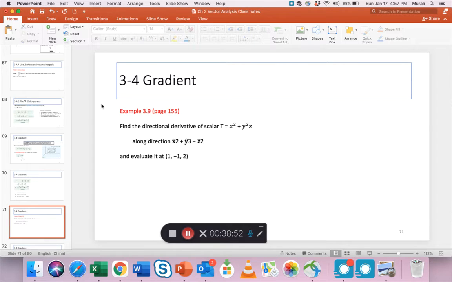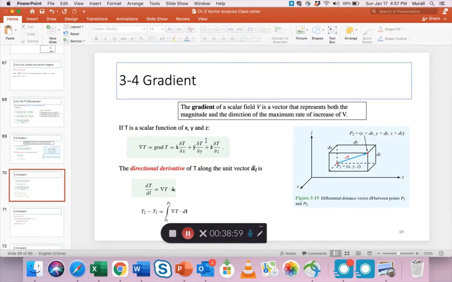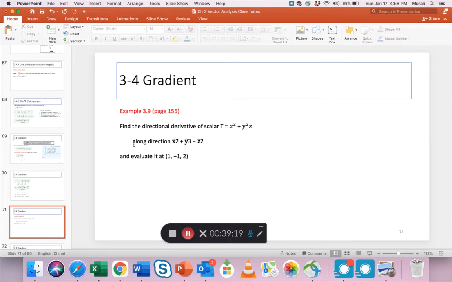Yes, okay. Find the directional derivative. It's not the gradient itself, but you have to find the directional derivative, and the directional derivative is like this. So you first have to find the gradient, apply del to the t given t value, use the partial fraction method, and then you have to, let's see, yeah, so you've got the t, so do the del t, the gradient, then you're given a direction.